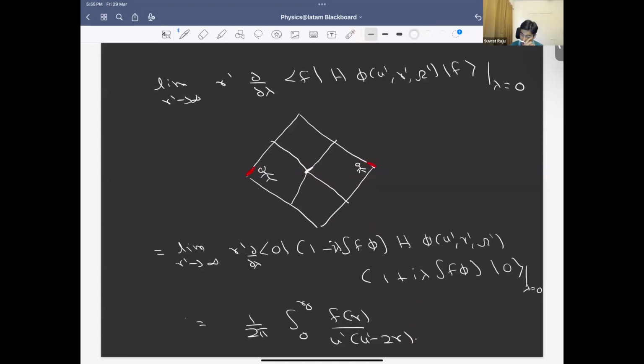You just expand this out and you will find that this just looks like 2 to the n by 2 pi times U prime to the n plus 2, sum over n, integral r to the n f of r. So if I measure this for different values of U prime, I can pull out the different coefficients of the different inverse powers of U prime. Each such coefficient gives me a moment of f. Once I know all the moments of f, I can get f as accurately as I want. If I want f more accurately, I have to measure higher and higher inverse powers.